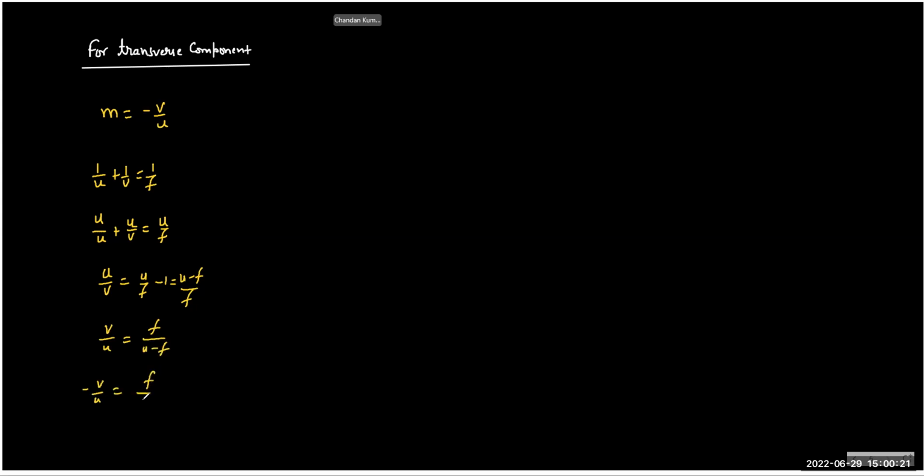We can use the magnification relation. So what is the magnification? m equals minus v by u, and if you remember, we can also rewrite in terms of u itself. Okay. So once again, multiply by u both sides. So u by v turns out to be u by f minus 1, which is u minus f by f. So v by u becomes f upon u minus f. So minus v by u we can write as f upon f minus u.